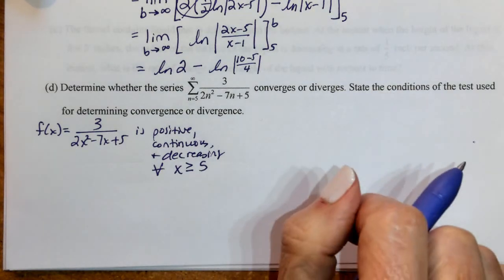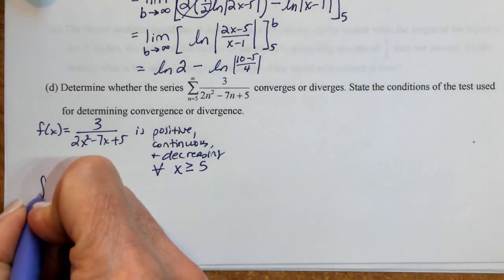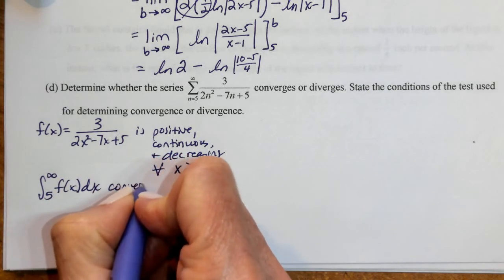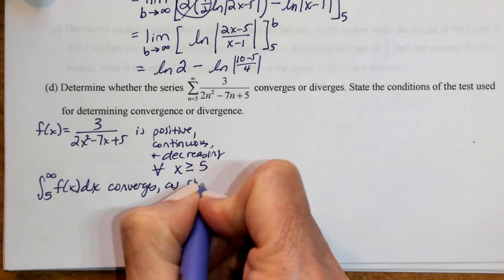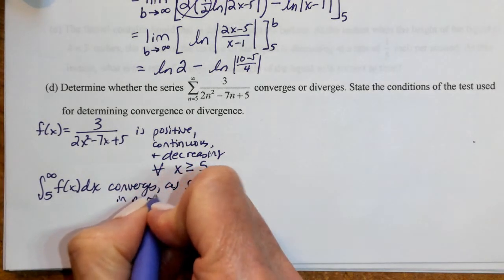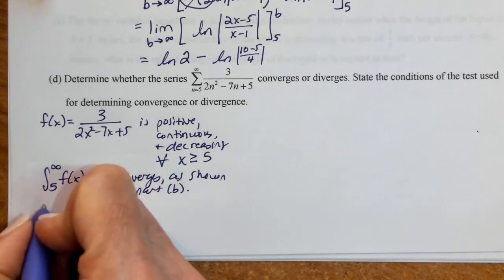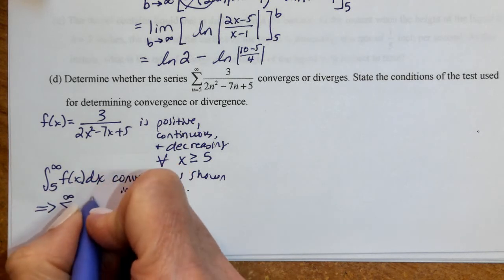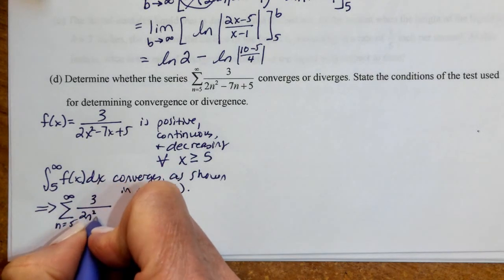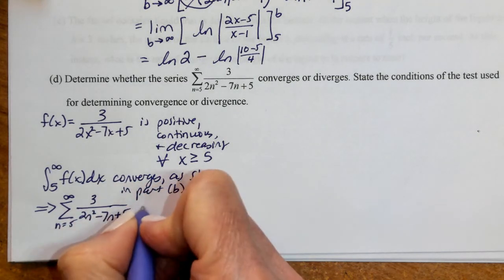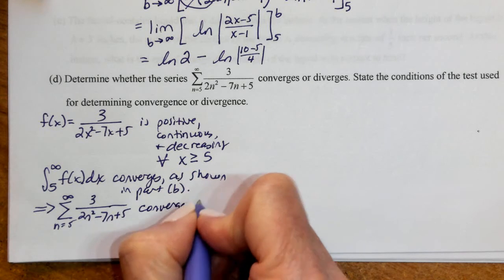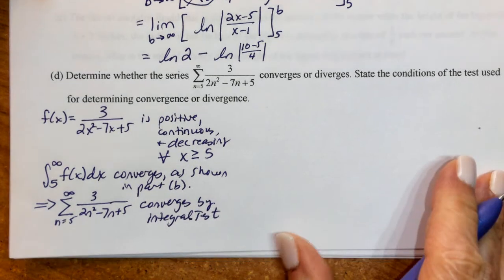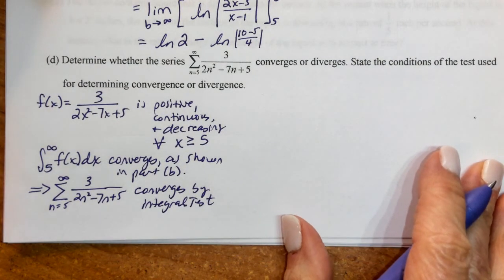Those are the conditions. The integral from 5 to infinity of f of x dx converges as shown in part B. Therefore, the sum from 5 to infinity of our expression with n's converges by integral test. That is one way to do this problem.